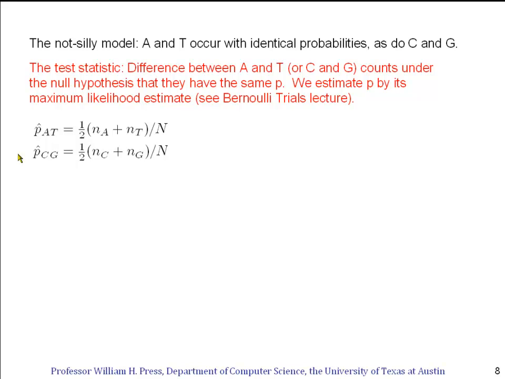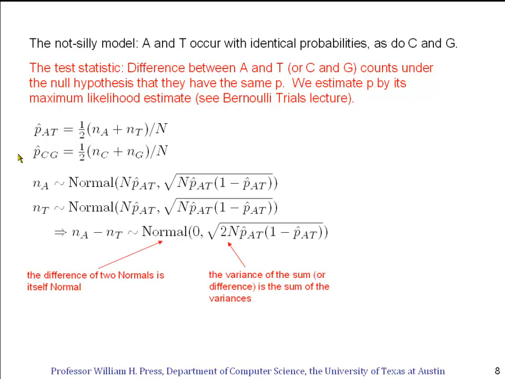Now we've got the parameters, so we need to compute the test statistic. Well, let's see. Our model is that the counts for A are drawn from a normal distribution. And the parameters of that normal distribution, its mean will be the total number of base pairs times the probability of an A. And the standard deviation, as we saw before, will be that probability times 1 minus that probability times capital N, and then the square root.